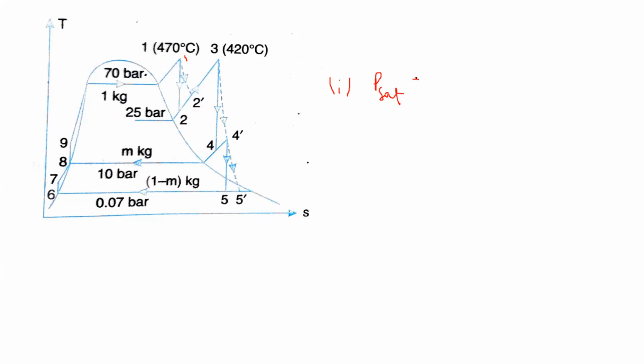That is equal to your P4 as well as P8. P4 is equal to 10 bar. Here in the TS diagram, it is already given that 10 bar is the pressure where the steam bleed is taken.